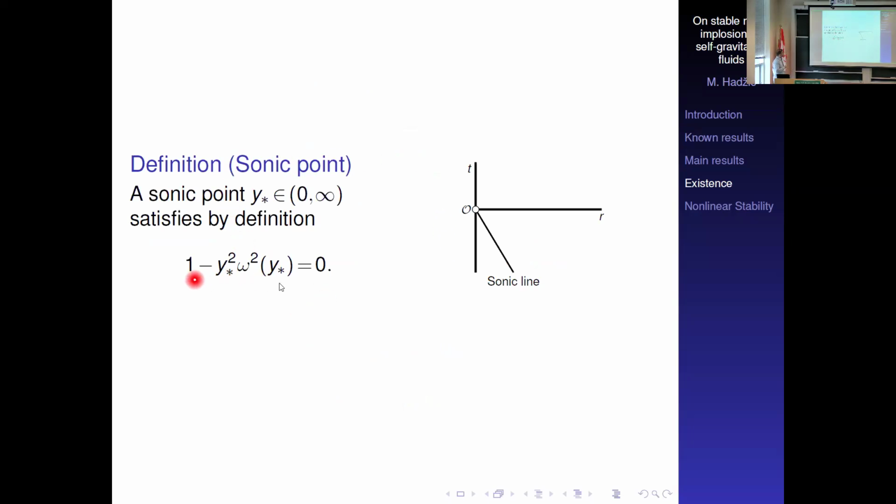So the definition of the sonic point is precisely the vanishing of this denominator, okay? And what I just showed you is that there has to be such a point. If you want to construct a smooth solution, there better be such a point. In principle, there could be more than one, but in the solutions that we construct, there is exactly one.